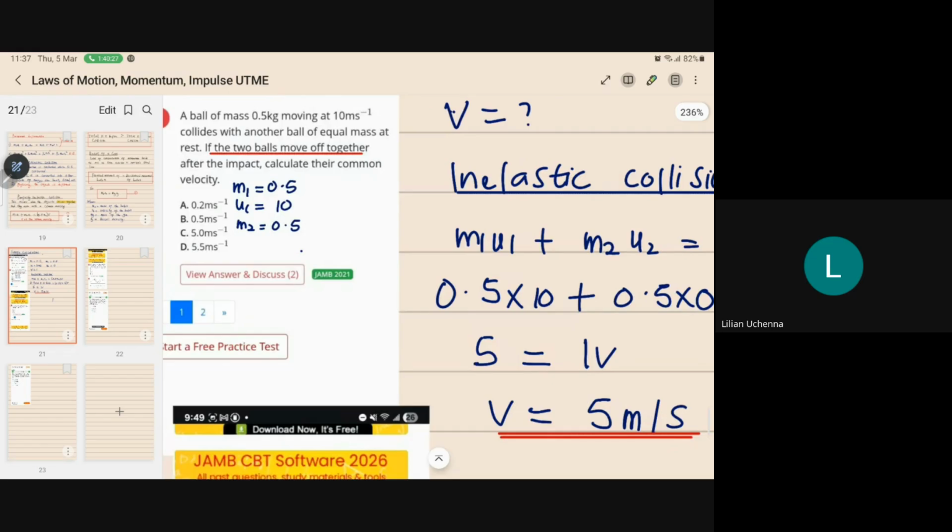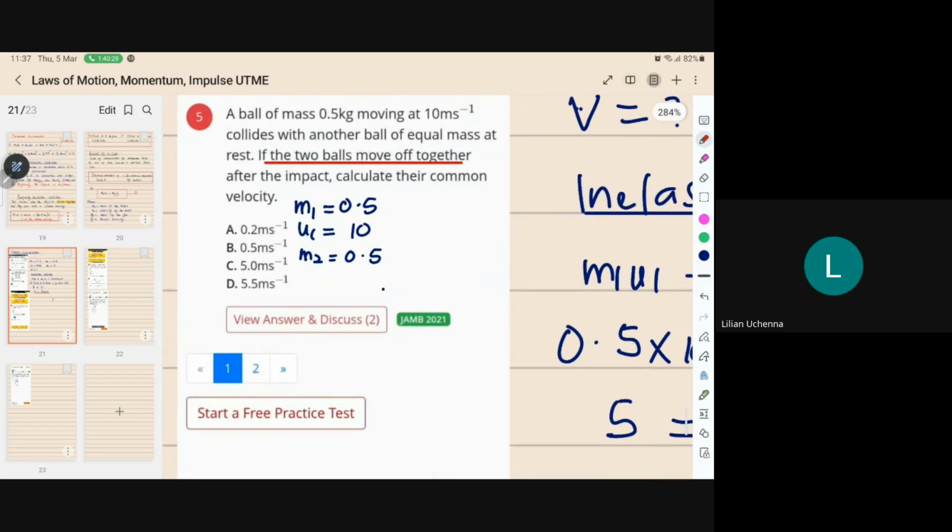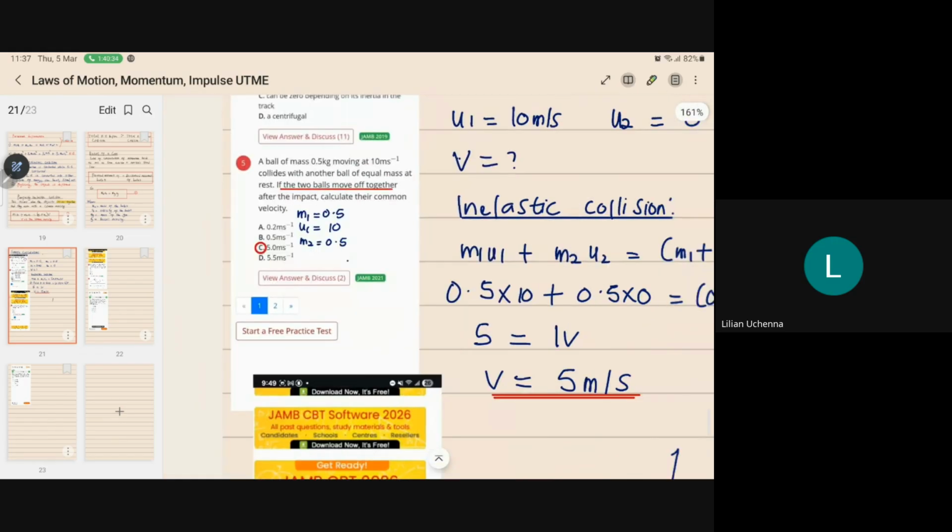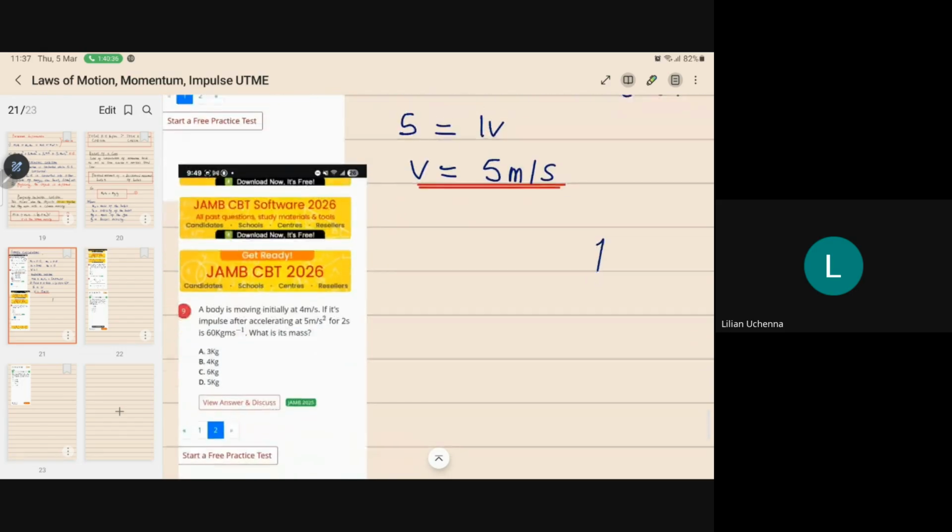So we have the answer here. Our answer is C. All right, everybody, all clear? Good.